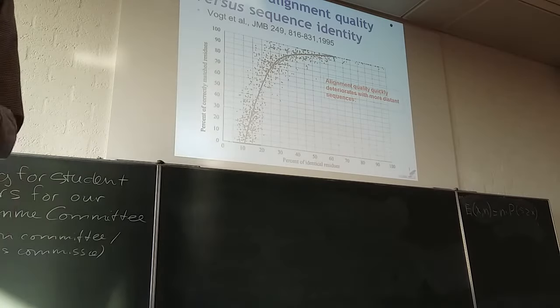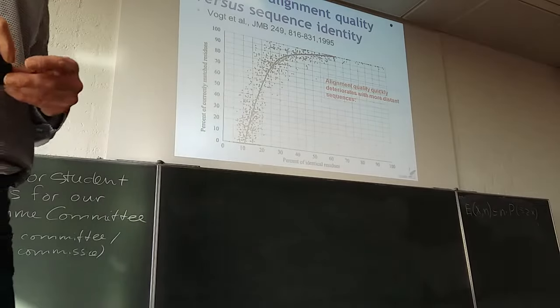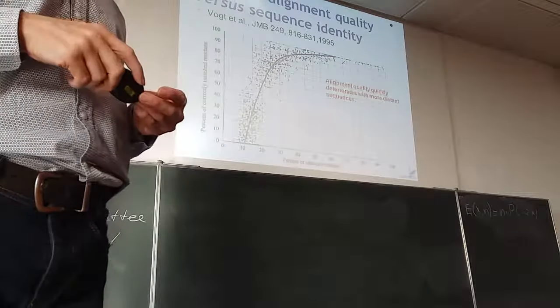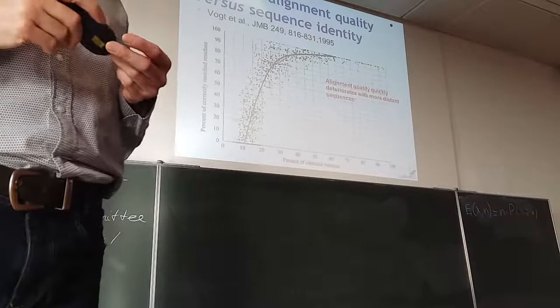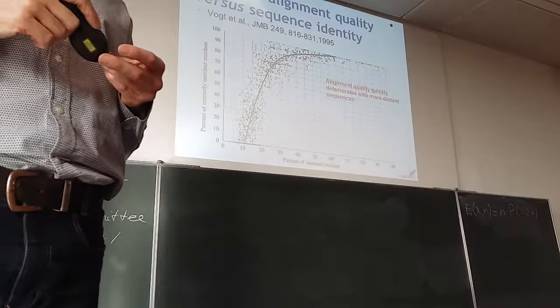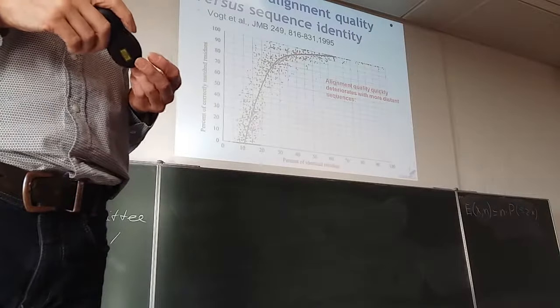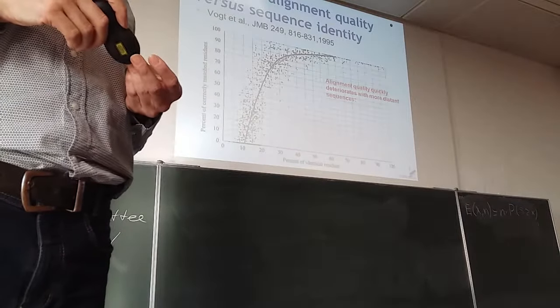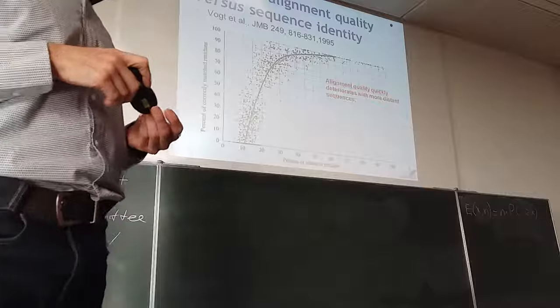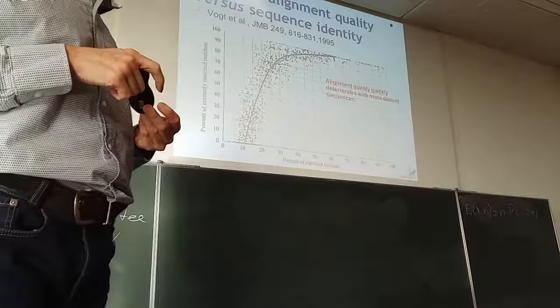What would be your random percentage identity between two completely unrelated sequences? 5%, you say. Anybody have another idea? It depends on the sequences, whether they are proteins or nucleotides. If it's nucleotide, what do you expect? About 25%, right?